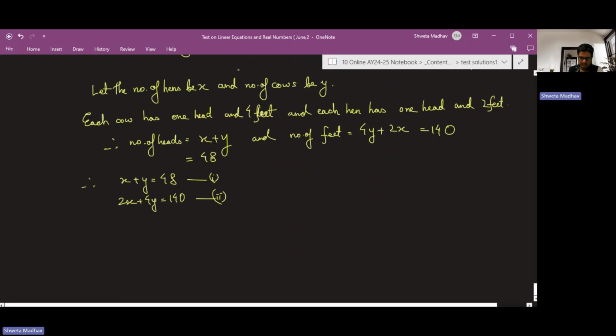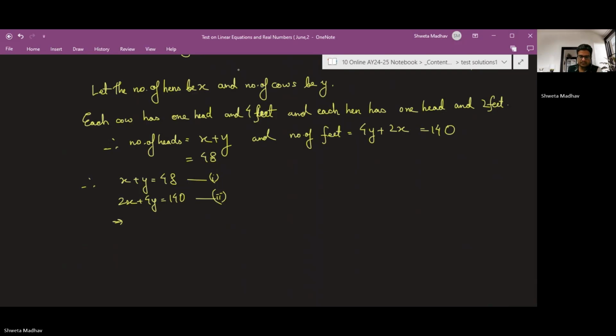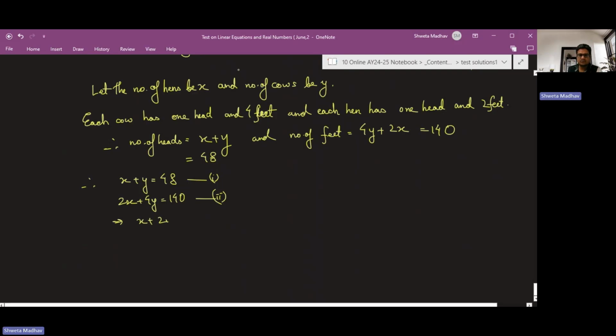Now if we simplify equation 2 by dividing both sides by 2, we get x plus 2y equal to 70. So this is equation 3.